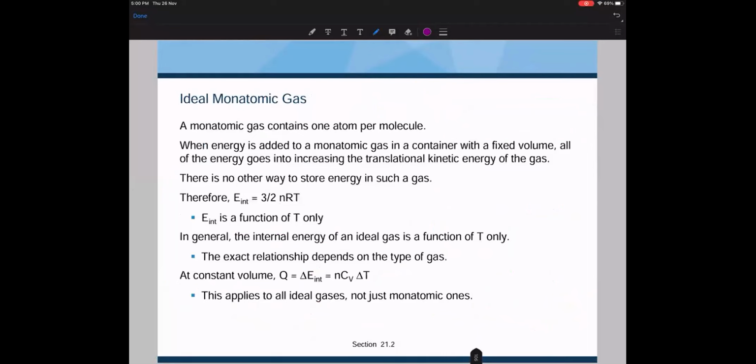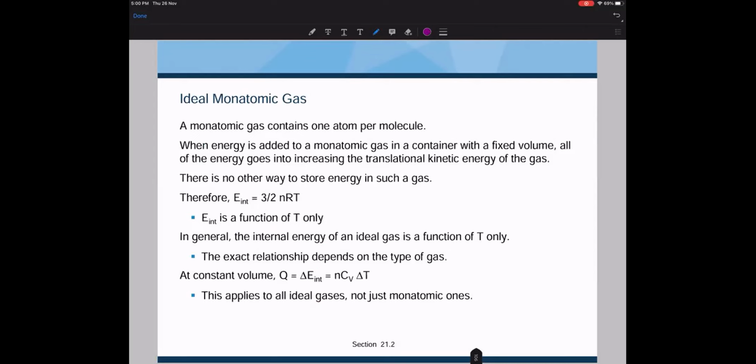And here, we will be mainly looking at the case of the monoatomic gas. Molecules with only one atom are referred to as monoatomic gas. This would refer to the case of the inert gas, for example, helium or argon, and so on. And when you add energy to this type of monoatomic gas, any of the energy change is used for changing the translational kinetic energy.